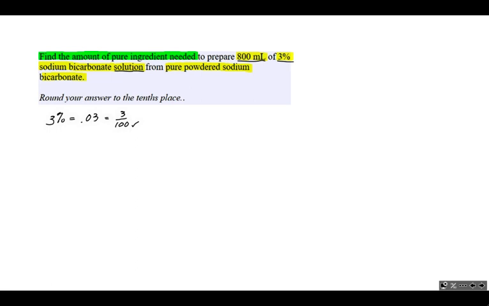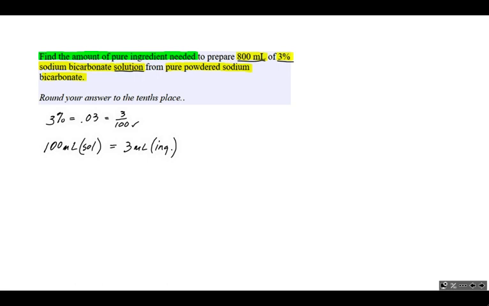For every 100 milliliters of solution, we want to be able to dissolve in that 3 milliliters of our ingredient. And we'll just say ing, ingredient, there. Okay, so that is a conversion. That's an equivalency that we'll use in our dimensional analysis setup here.